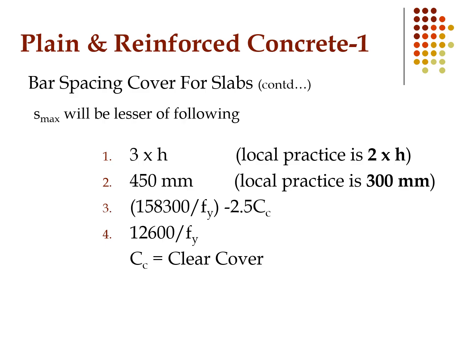Third is 158300 divided by fy minus 2.5 cc, and cc is basically the clear concrete cover. And fourth is 12600 divided by fy. So out of these four criteria, whatever minimum value we get, that is the maximum spacing of the reinforcement that needs to be provided in the slab.